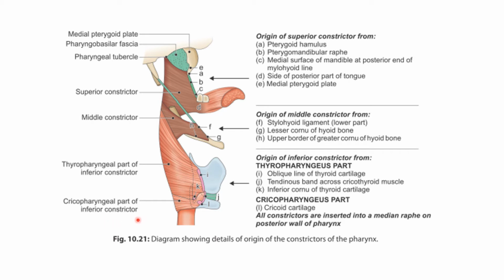Whereas the cricopharyngeal part of inferior constrictor takes origin from the cricoid cartilage. And you know, all the constrictors get inserted into the median raphe and the posterior wall of pharynx. So anteriorly will be their origins and posteriorly will be their insertions.